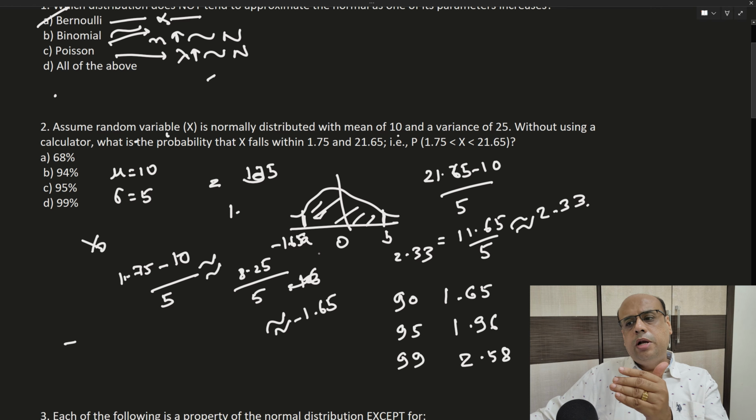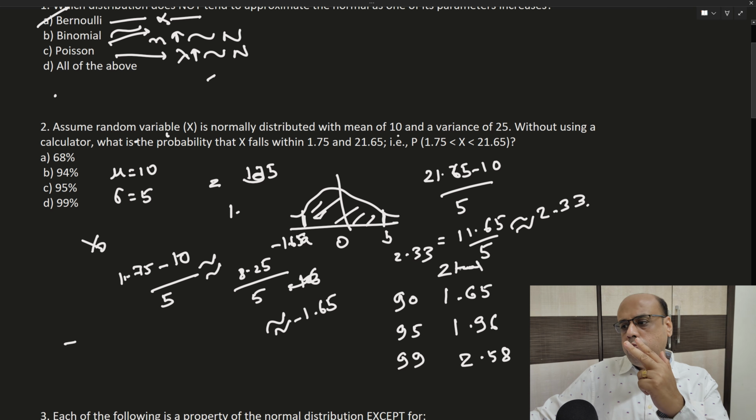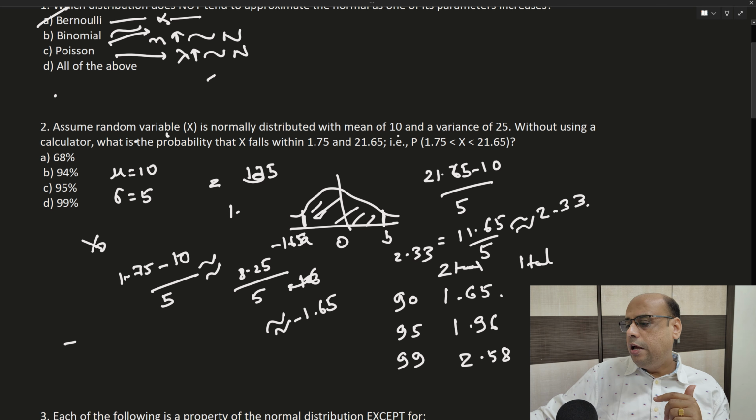For a standard normal distribution, x bar is 0 and the standard deviation is 1, so effectively it comes down to minus 1.65 to plus 1.65. This is for two-tailed; two-tailed is more than one tail. And for one tail, here 1.65 goes here, here is 1.28 and here is 2.33. Just remember it this way.